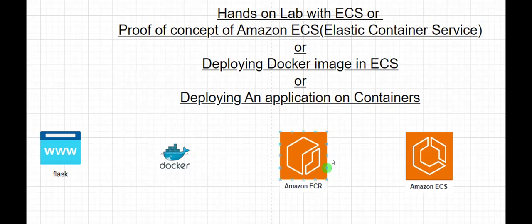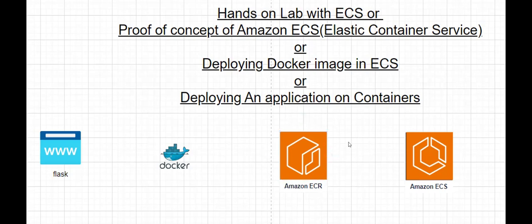Currently, we are storing our image in a private repository. In real time also, whenever you are creating any Docker image for your client project related application, you need to store your Docker images in a private repository. So for that, Amazon ECR is already available for you.